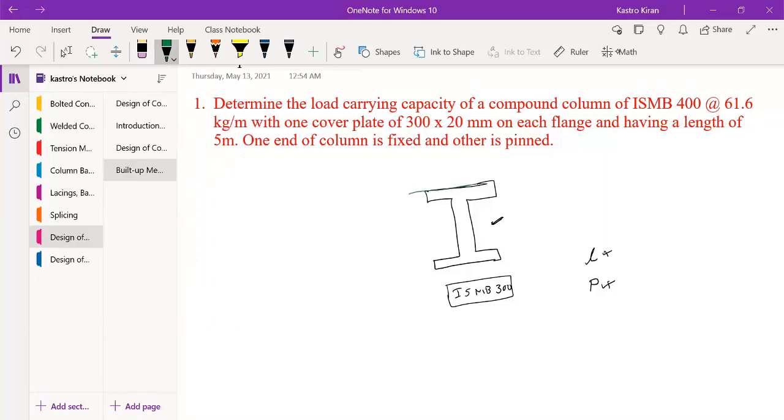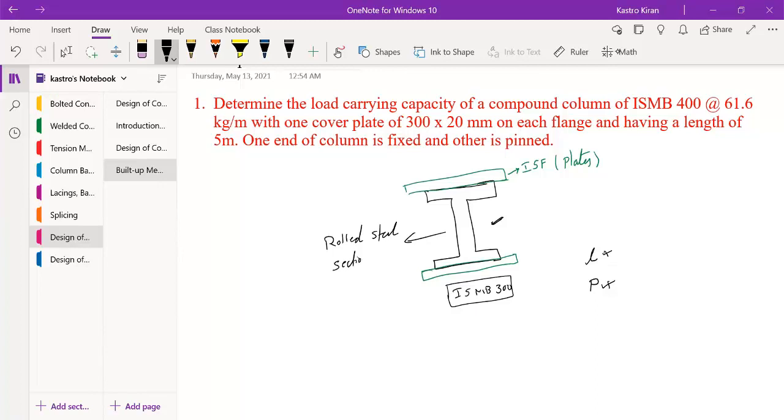Those additional members can be plates. Most of the time, the additional members you can use are plates, which are called ISF, that is, Indian Standard Flats. So what do we mean by a built-up section? If you have just the I section, it is called a rolled section, or rolled steel section or member.